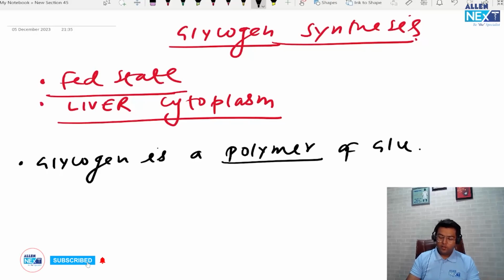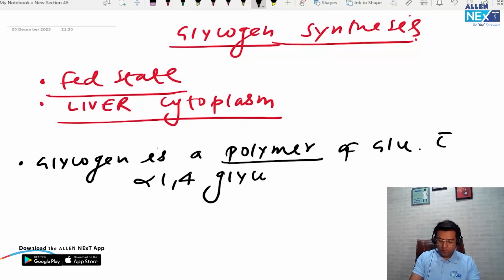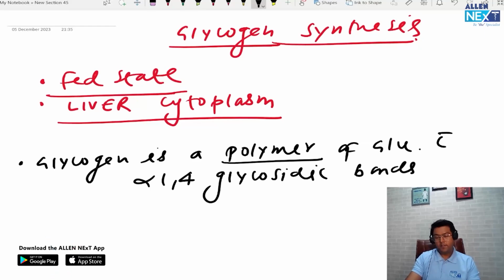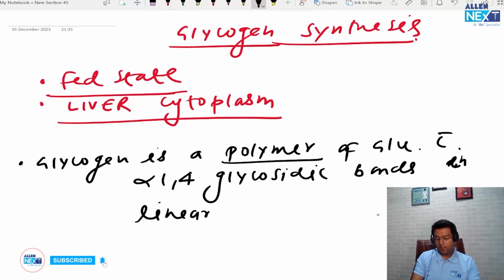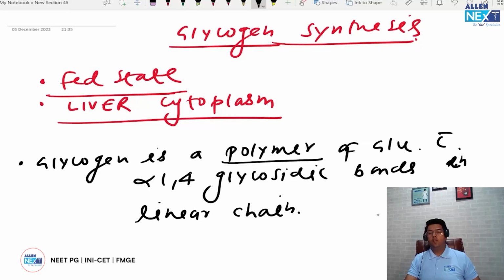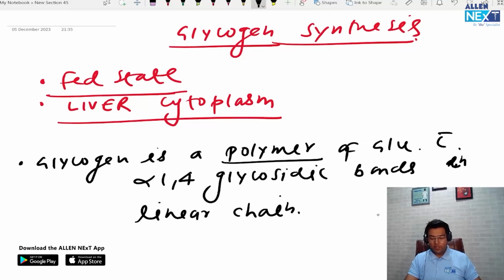So polymer of the glucose with alpha 1,4 glycosidic bonds in the linear chain, right? So alpha 1,4 glycosidic bonds will be present in the linear chain.